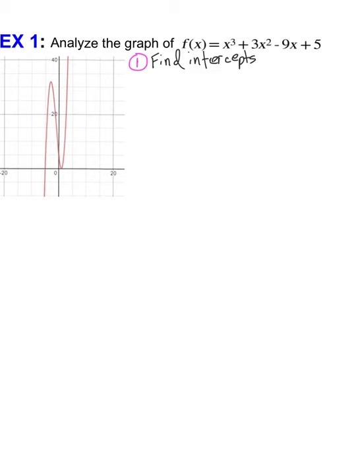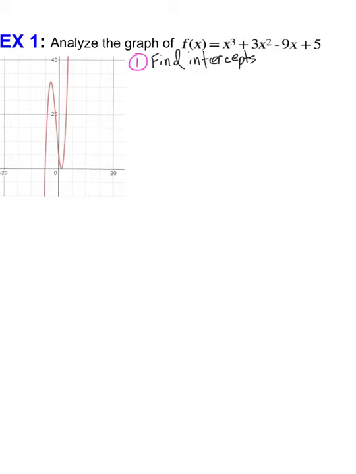So the assumption is that you haven't seen this graph and that you're going to use your knowledge to help you plot these relative maxes, relative mins, plot the intercepts here and here, and then determine whether the graph is increasing, decreasing, that type of thing.